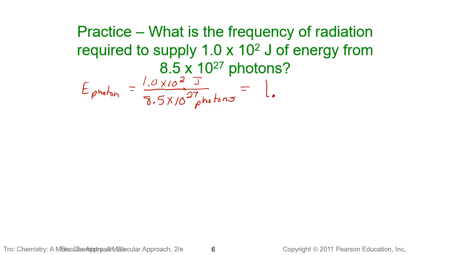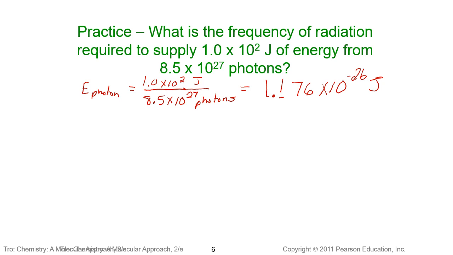So if we do our calculation, we get 1.176 times 10 to the negative 26 joules of energy for each photon.